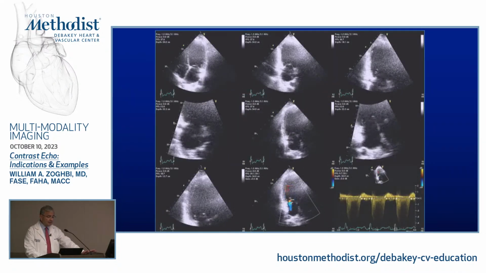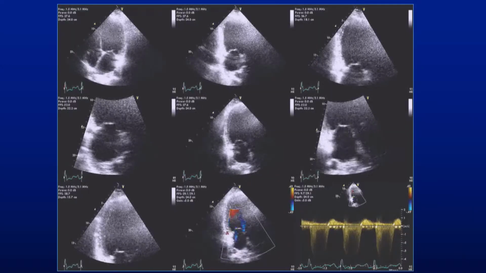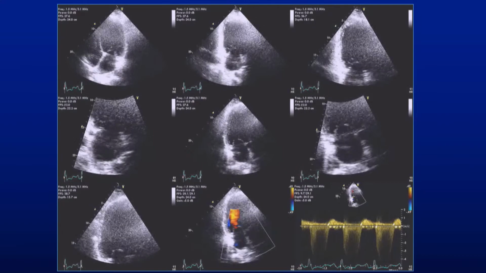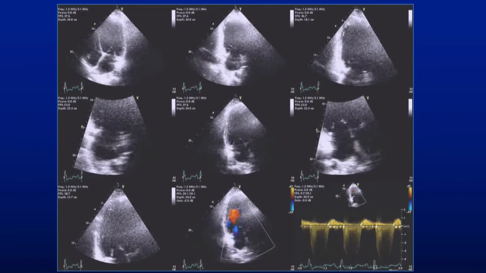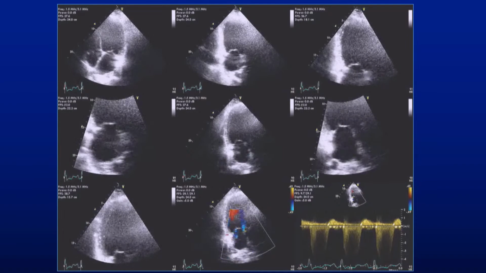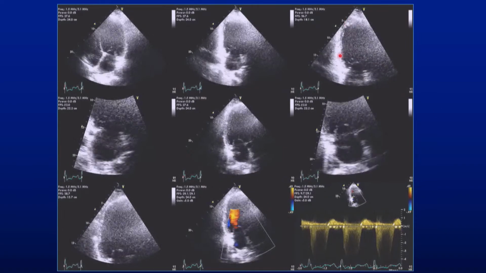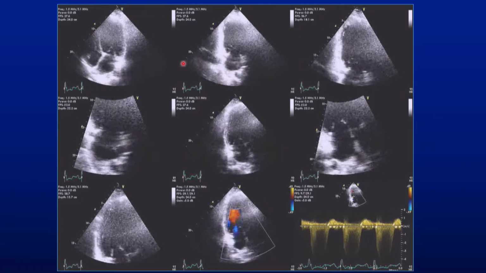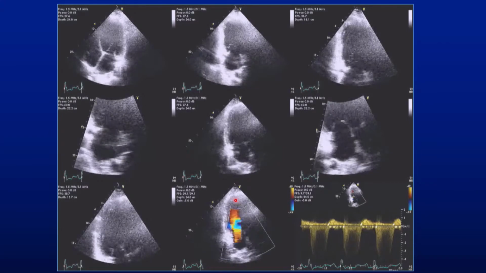All right, this is a ventricle that is depressed. Even a first-year fellow would know that this heart is not moving. Now, I cannot tell you every wall motion in this heart. I can see the inferior wall. I can see maybe the lateral wall. I cannot see the apex well, etc., right?